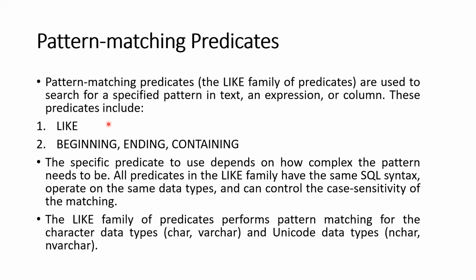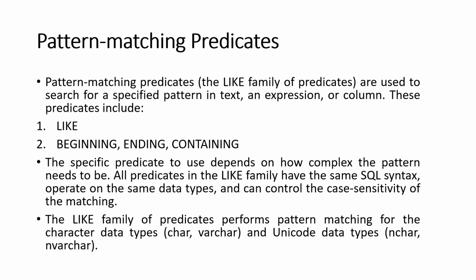These predicates include like, beginning, ending, and containing. The specific predicate to use depends on how complex the pattern needs to be. All predicates in the like family have the same SQL syntax, operate on the same data types, and can control the case sensitivity of the matching.